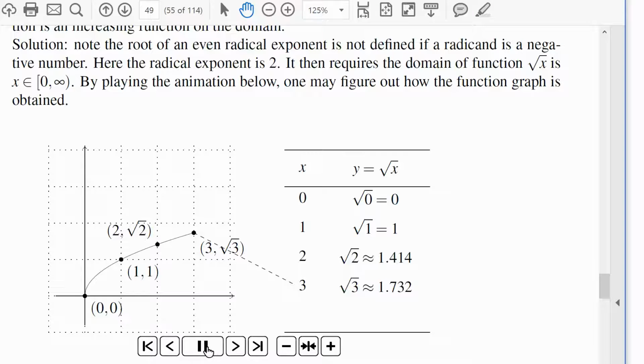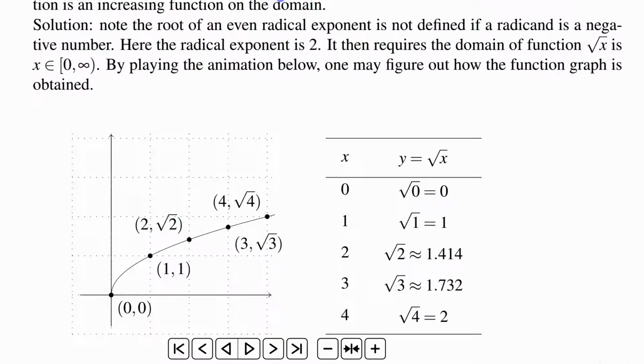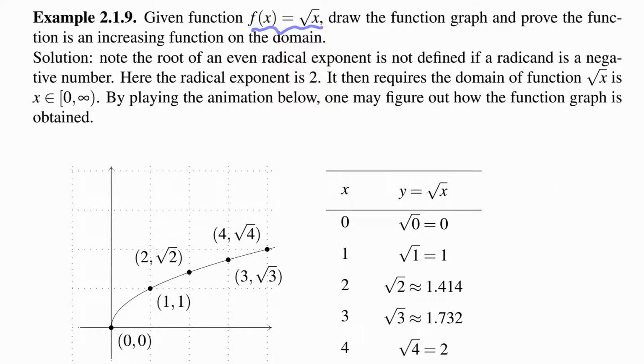Now, what do we need more from this expression? Not only do we need to draw the graph, we also need to prove the function is actually an increasing function.